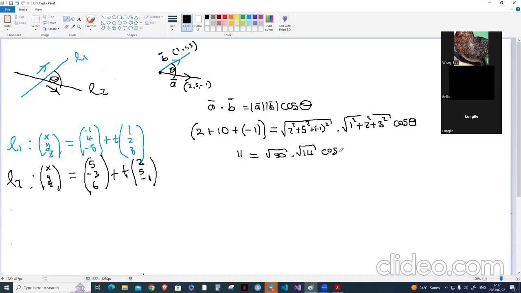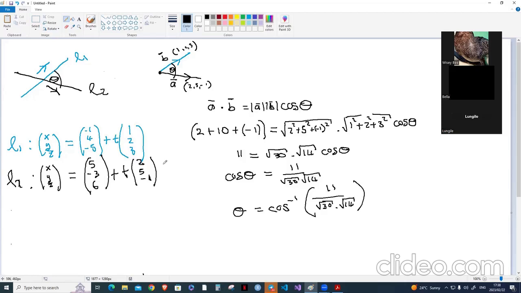Then cos theta: we divide everything by root 30 and root 14. Then our theta will be the arc cosine of this whole thing, 11 over root 30 times root 14. That will be the angle between the two lines.